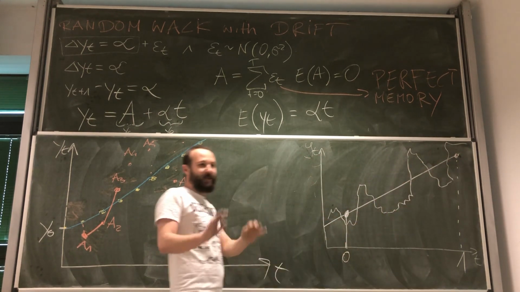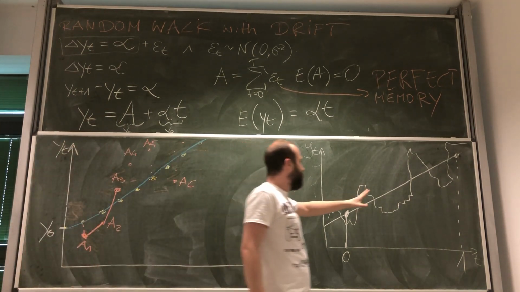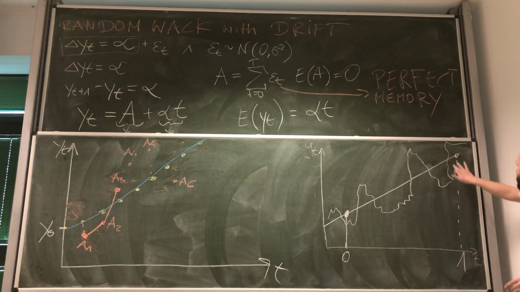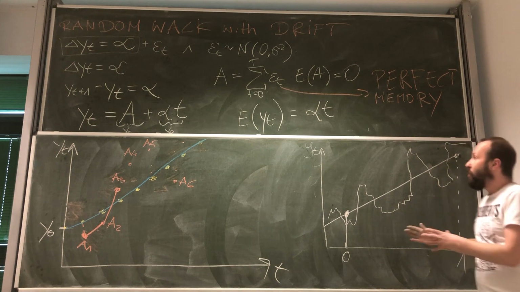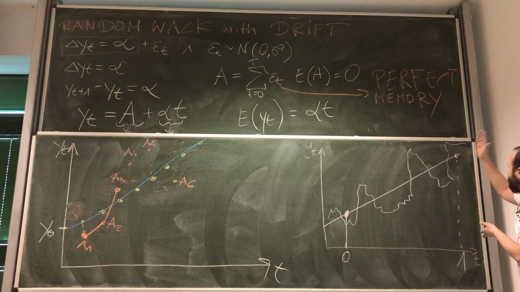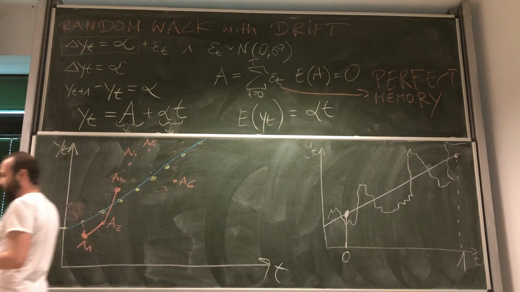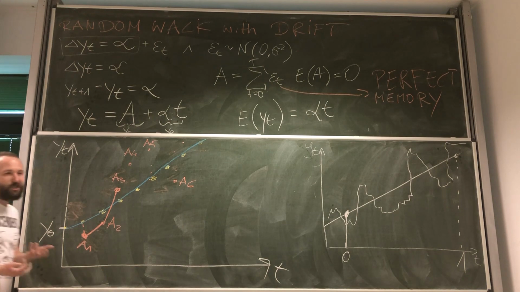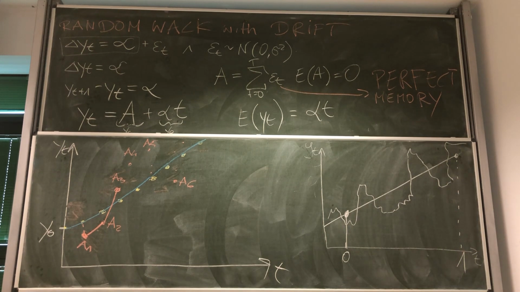But the best predictor is actually the trend. And this is all you can get. You will not get any information about what is happening over here because those are random disturbances. They cancel each other out, so your best guess is always the trend value. So this actually tells us that this might not be as informative as we might think. All we can do is estimate the linear trend, and basically, this is it.